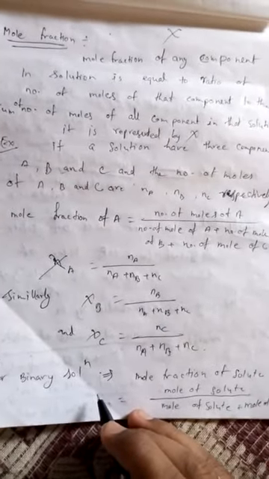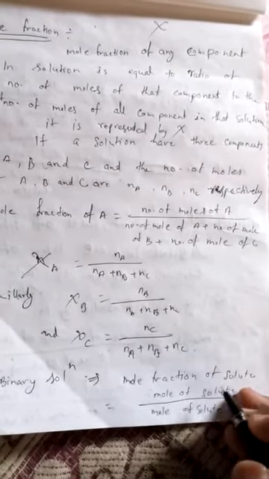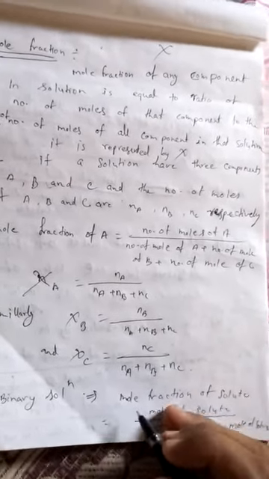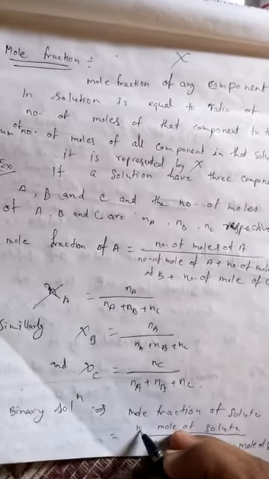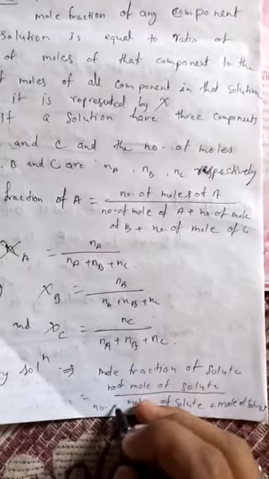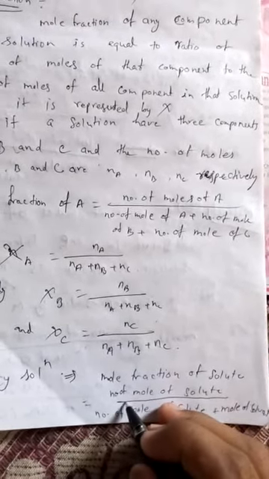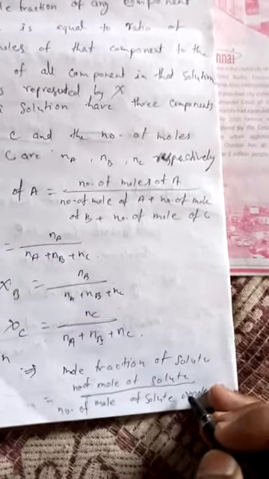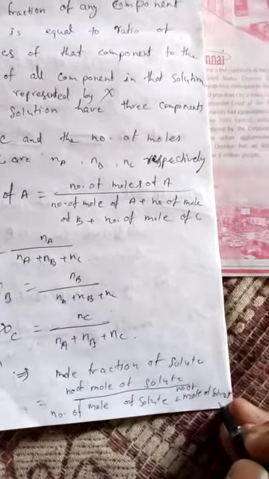For a binary solution, the mole fraction of solute is equal to the number of moles of solute upon the number of moles of solute plus the number of moles of solvent.